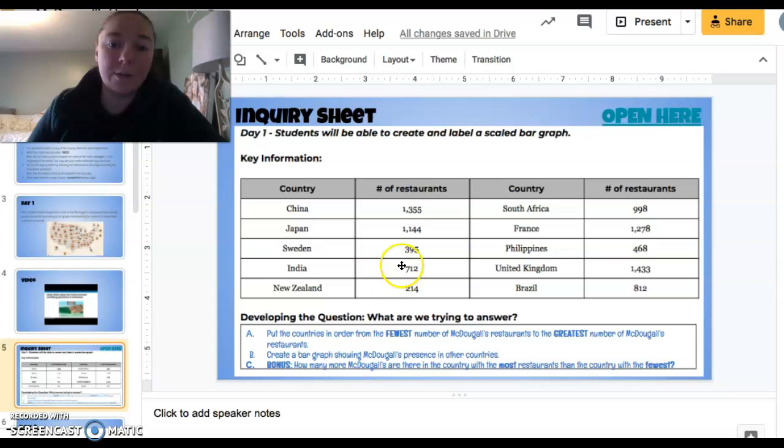So I already know that these three numbers, since they're in the hundreds place, are smaller than these two countries because their place value is in the thousands place. I go to the next column again, hundreds, thousands, hundreds. So that tells me that I'm going to look at all of the hundreds place values first and compare them and put them in order, and then I'll look at the numbers in the thousands place.